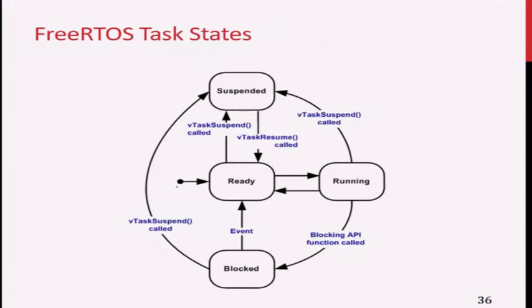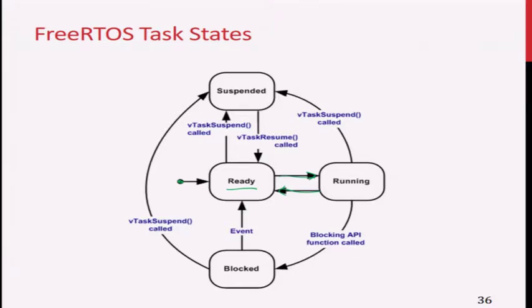So this dot means what? That means the starting point, correct? Before I do anything, when I create a task, it first goes into a ready state. When I'm in a ready state, I may go into running, and from running, I may go back to ready.